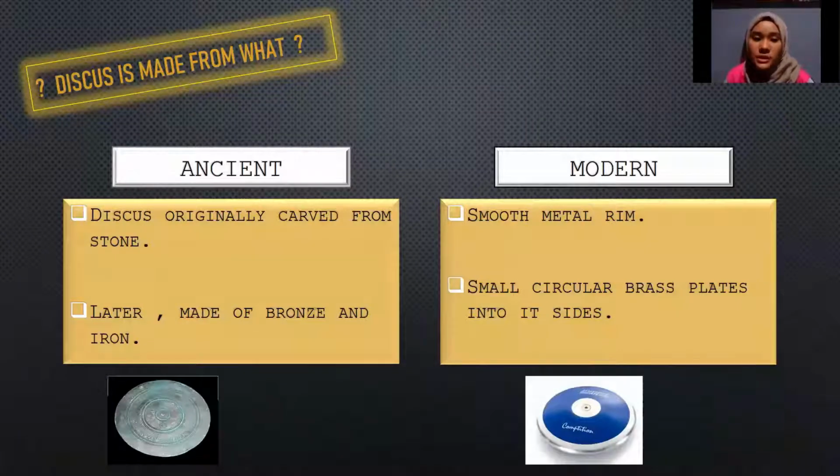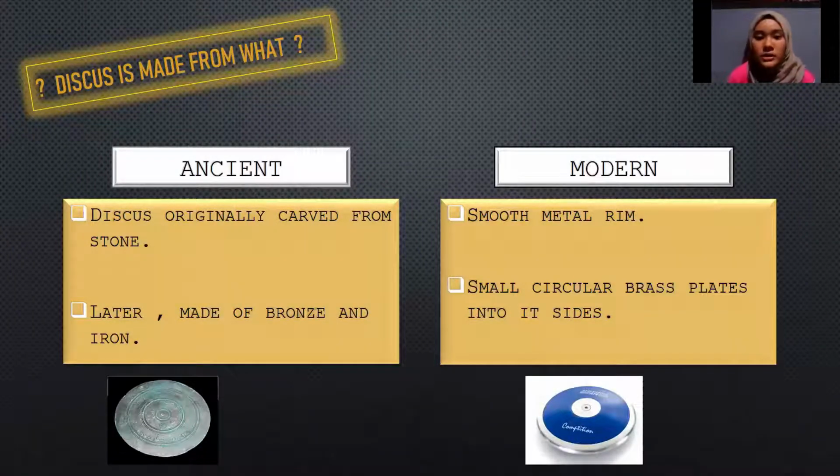In ancient times, discus was originally carved from stone. They shaped stone into a disc shape, similar to a CD shape. Later, they upgraded their material into bronze and iron.